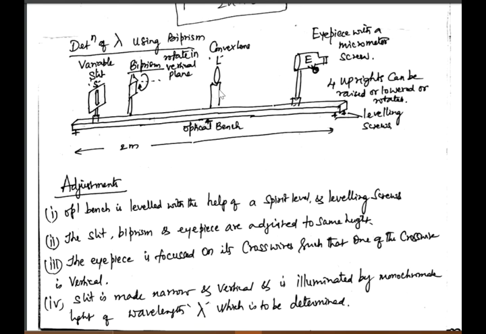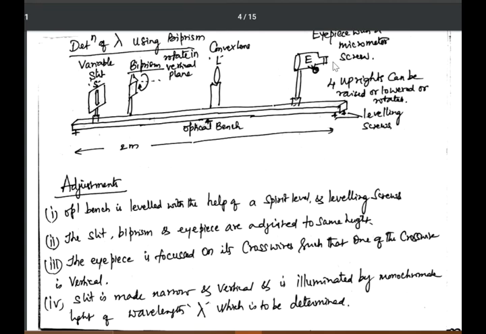And in the third mount, you can place a convex lens whenever it is required. Initially, the lens is not mounted, but later on, when you are doing the experiment, the convex lens L is placed in the third mount. And in the fourth mount, a telescope part along with the eyepiece is fixed. You can adjust the focusing screw. You can see the well-defined interference fringes through the eyepiece, and you can measure even the fringe width. And leveling screws are provided at the bottom in order to level the optical bench.